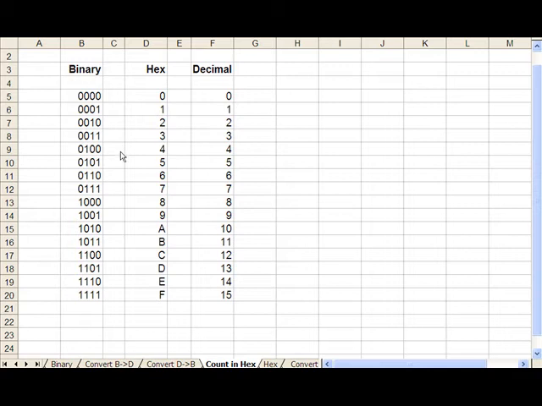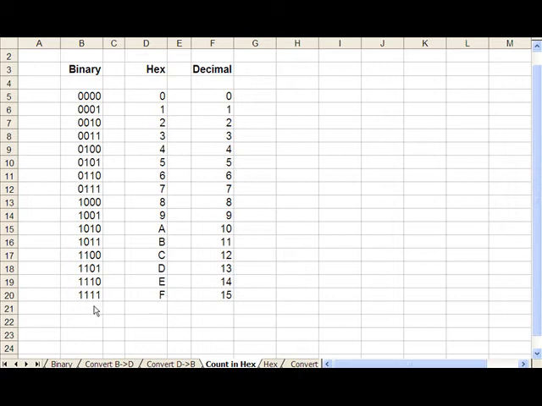And then in binary, to represent 2, you need to have 2 places, 1, 0, and so on. When we reach 10, something different happens in hex. We still want to represent 10 in one hex place, but we don't have a symbol for that, so we introduce letters as well. So in hexadecimal, the symbol A is going to represent 10, and so on up until F is going to represent the value 15.